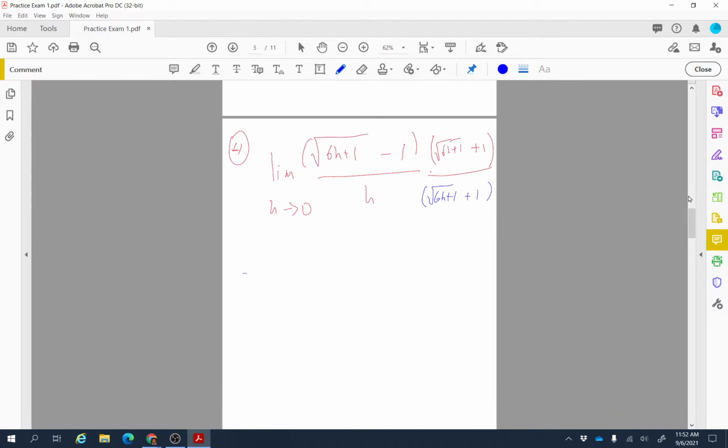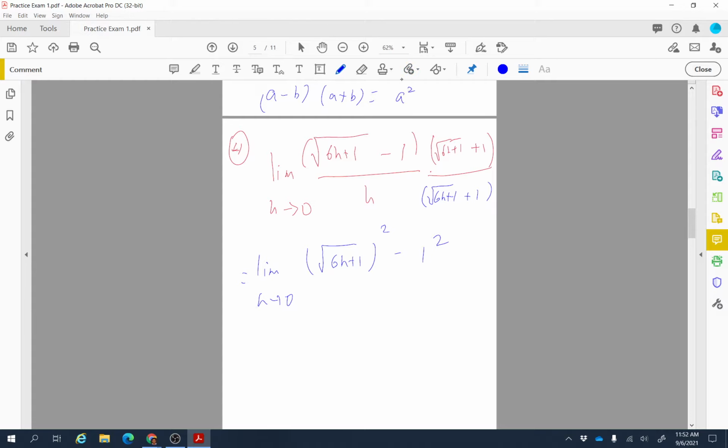By doing that, what happens is the top part we are trying to multiply the conjugate terms, like a minus b times a plus b. Whenever that is the case, eventually we're going to get square root of 6h plus 1, whole squared, minus 1 squared. Because if you multiply a minus b times a plus b, we don't care what is the value of a.